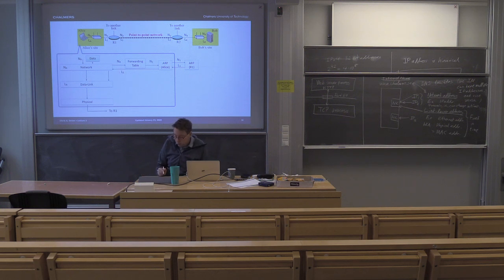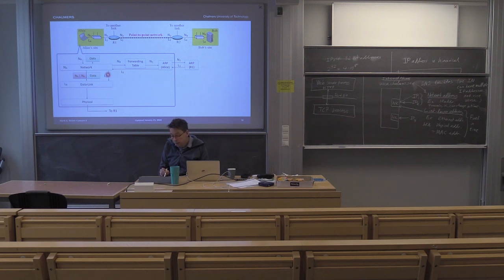Okay, so here's the boundary between the network layer and the link layer. So now the link layer can be activated. Okay, so what happens now is that the network layer can encapsulate the data with its source address, destination address, and push that down to the link layer together with the link layer address.